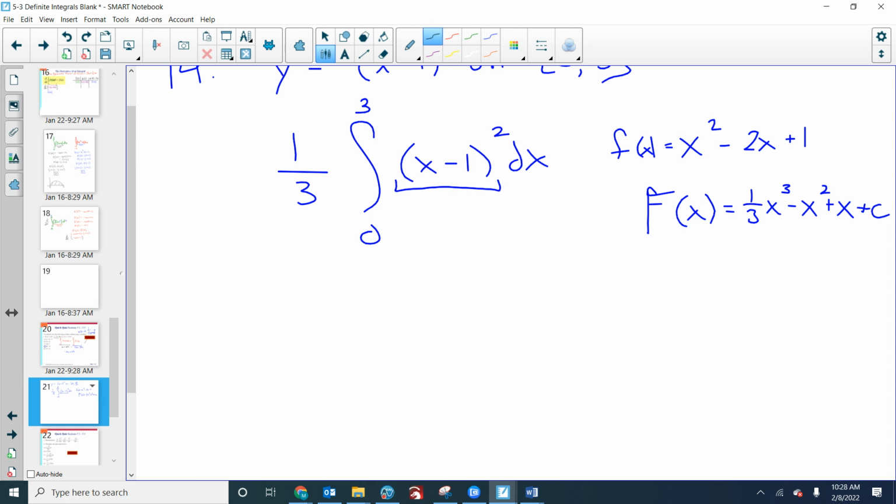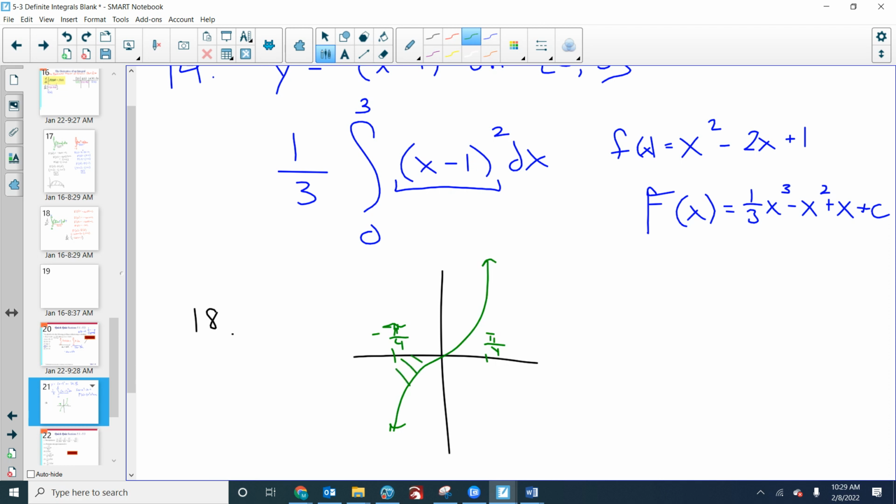So did you notice on 18 it was the tangent graph, which hopefully you recognize? And it went from negative pi over 4 to pi over 4.